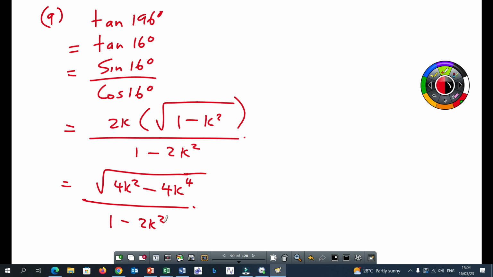Then I've got a difference of 2 squares. If I take out a common factor, it won't help me. So for this question, I would suggest that you stop here, because you cannot remove that root. Are you following? Right.